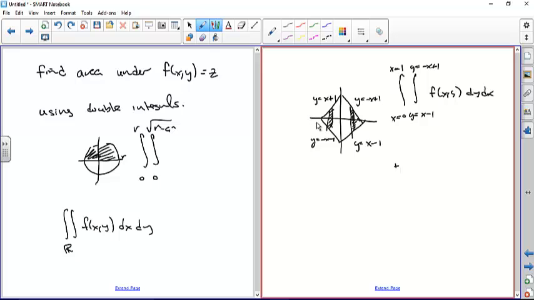And then to do the other side, you would integrate from x equals negative 1 to x equals 0. So you go from here to here, and the other integral would be from y equals negative x minus 1 to y equals x plus 1 of the same function, whatever the function is that's defining the top part. So let's just kind of look at the regions. Okay.